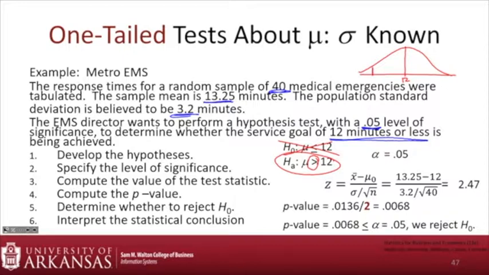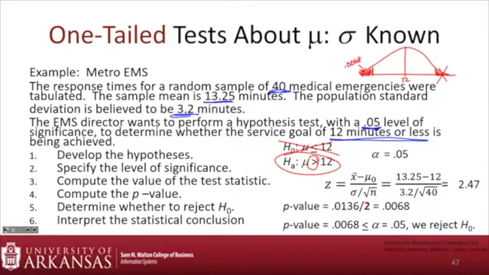I've got a p-value of this little area right here. So ISYS gave me these two areas for a total of 0.0136. I'm not interested in this one, so I cut it out, so that's why I'm dividing by 2. So this area right there is 0.0068.